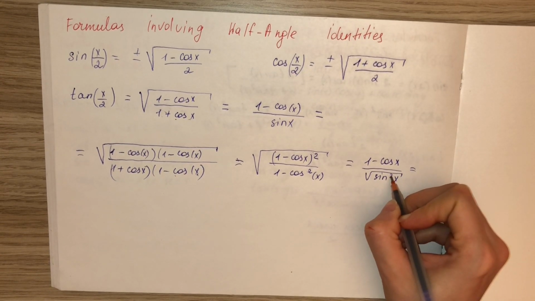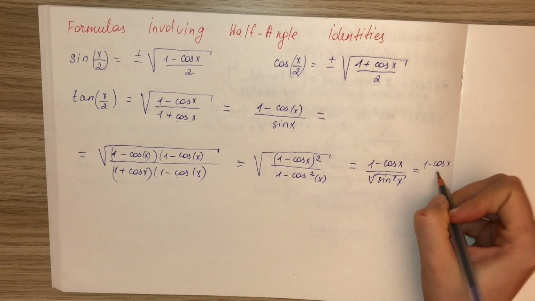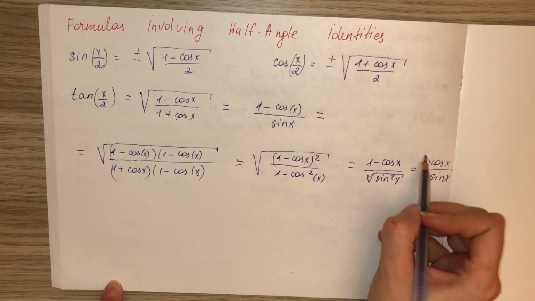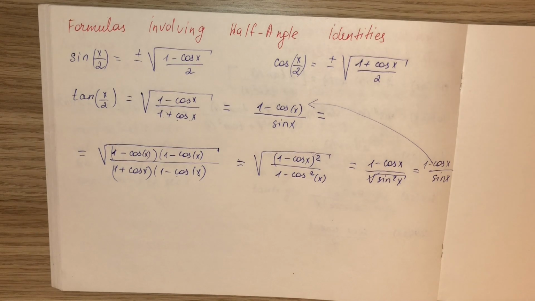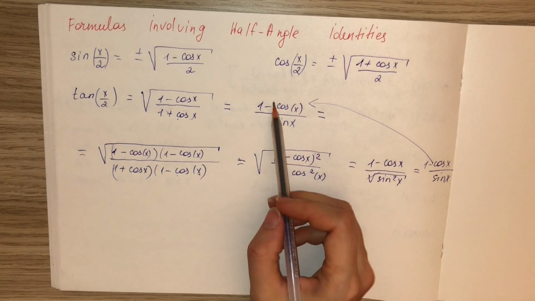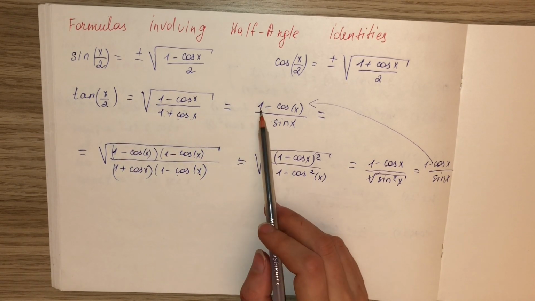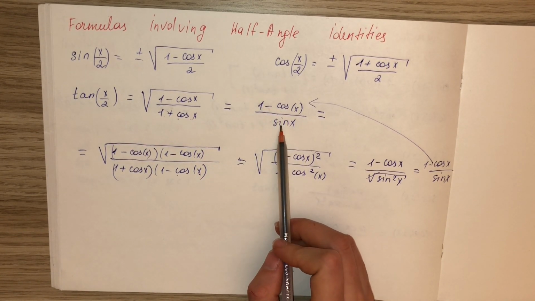Yes, and here we get 1 minus cosine x over sine x. Are these two formulas similar? So we proved that tangent x over 2 is also equal to 1 minus cosine x over sine x.